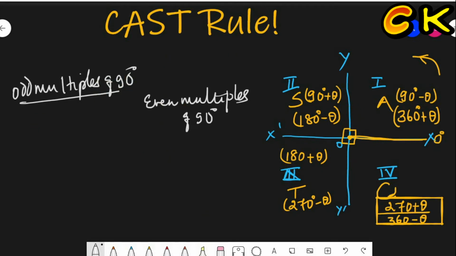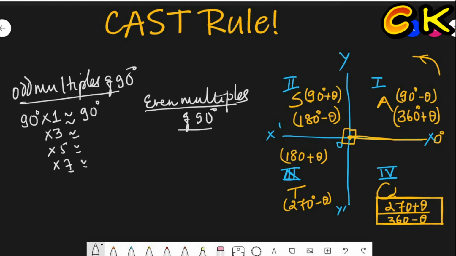Now let's understand what odd multiples of 90 degrees and even multiples of 90 degrees are. If we multiply 90 degrees by 1, 3, 5, 7, that is odd numbers, whatever values we get are called odd multiples of 90 degrees. So 90 degrees, 270 degrees and so on are odd multiples of 90 degrees.